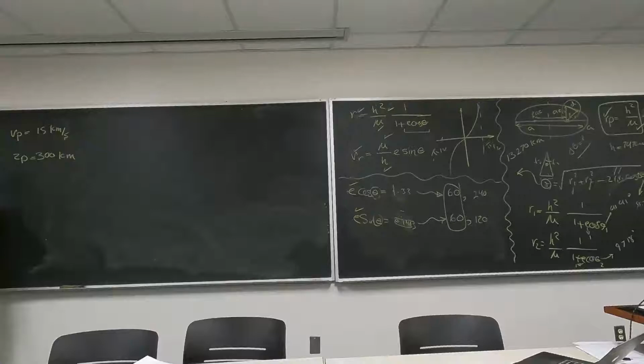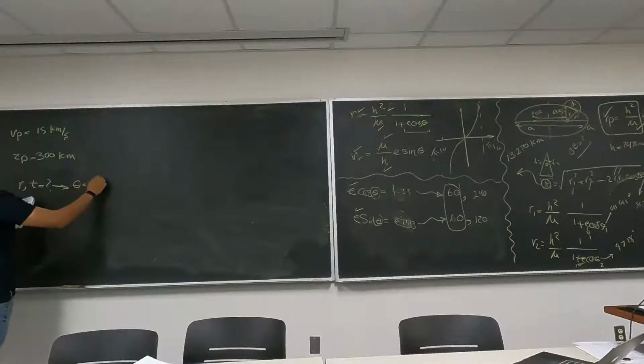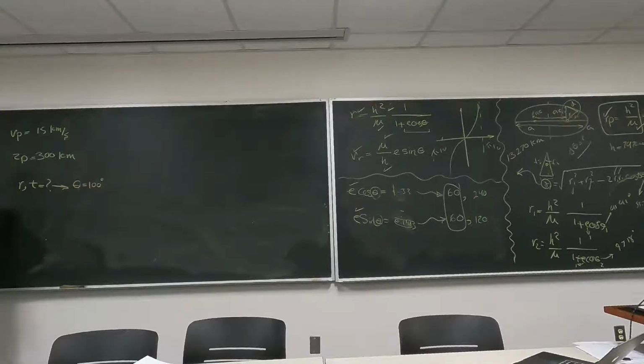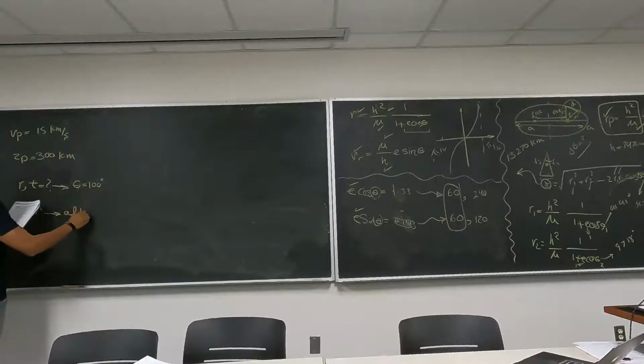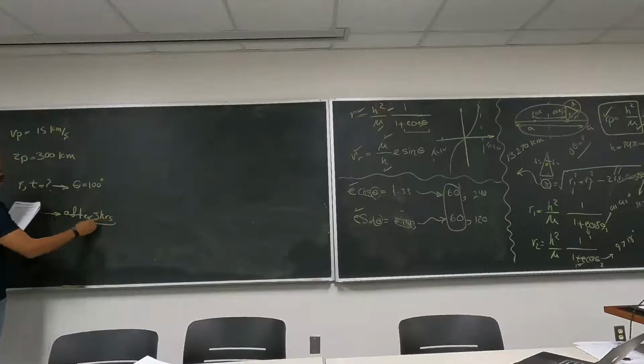You want to find the radius and time when the true anomaly is 100 degrees. And we want to find the position and the speed 3 hours later.